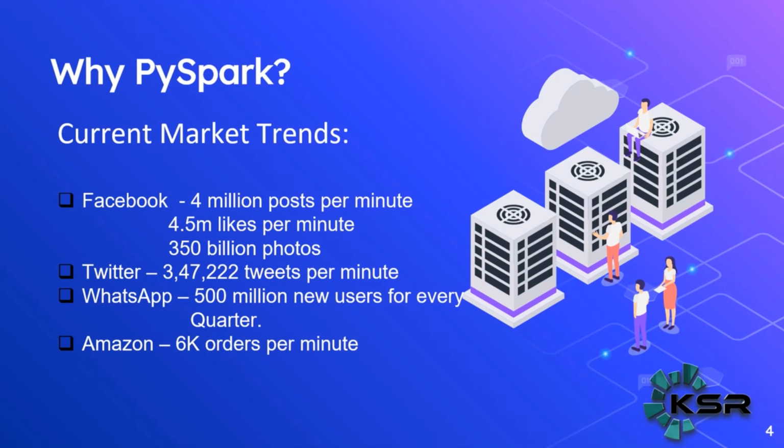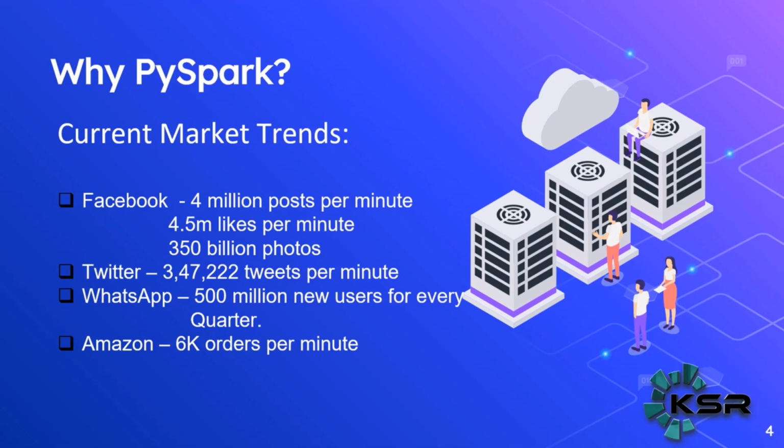People are posting 4 million posts per minute, and you just go and like some picture or some video on Facebook, right? That rate is 4.5 million likes per minute, which means 45 lakh likes per minute.